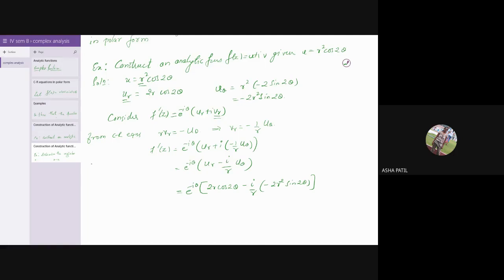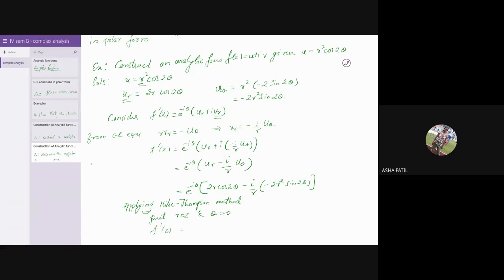Now, without simplifying, let us go for the Milne-Thomson method. Applying Milne-Thomson method, what will we be substituting? Put r equal to z and theta equal to 0.